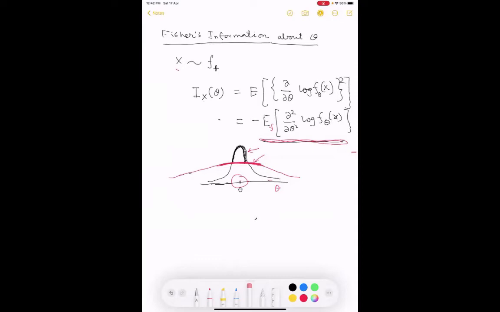So how much information do you have and how much do I have? I can calculate this curvature, and you can calculate yours, but what is the correct information? Then he says, let's take the average of these curvatures. That is where this expectation with respect to f of x is coming from.